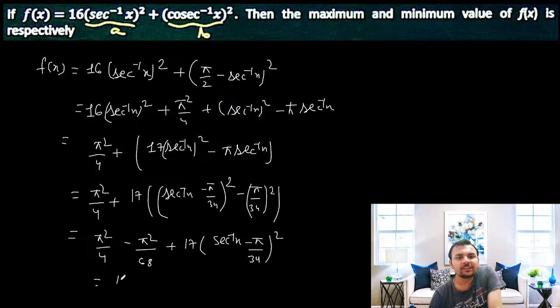This is 16 pi square by 68 plus 17 (sec inverse x − pi by 34)^2.